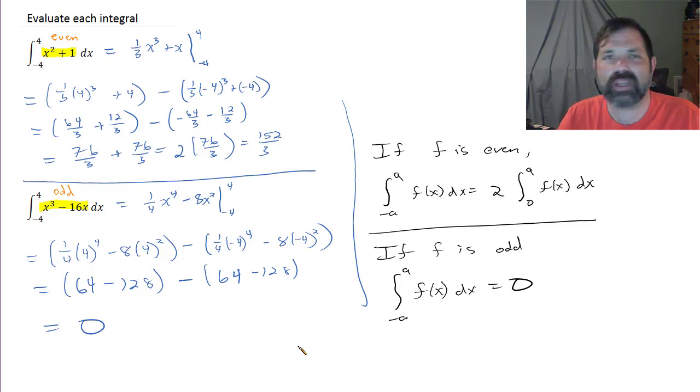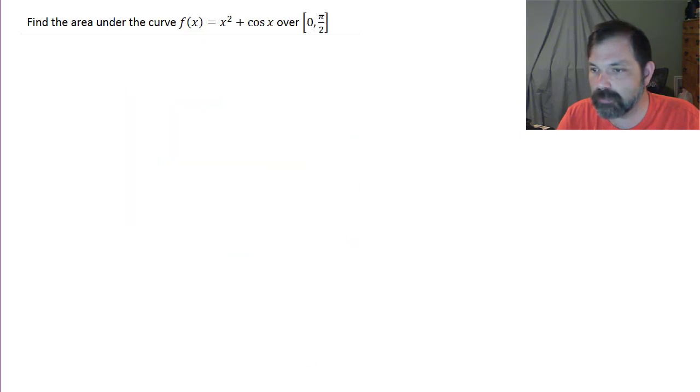All right, so now that we've got some practice evaluating integrals, let's see some applications. Find the area under the curve f of x equals x squared plus cosine x over 0 to pi over 2. Now notice, it doesn't say approximate the area. It says find the area.